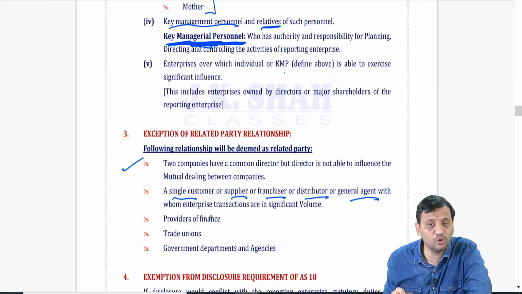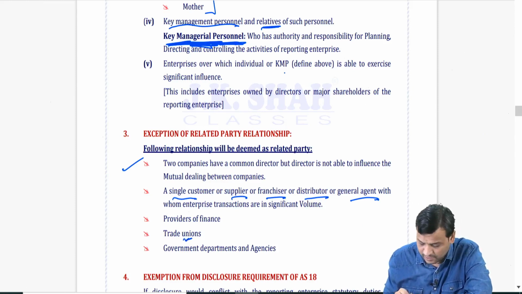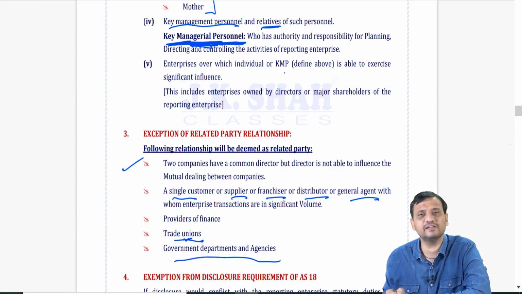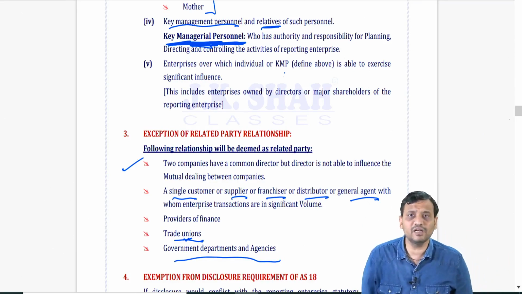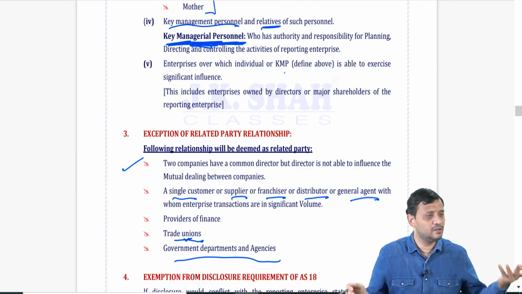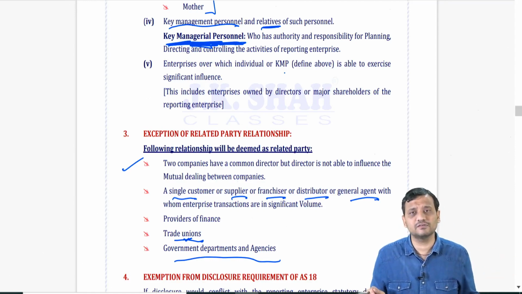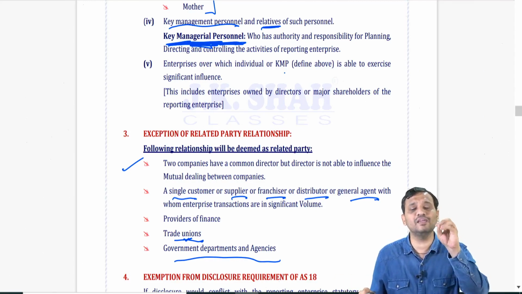Those who have given me loans, trade unions, and any kind of finance providers. Trade unions means my employees, government department and agency. I am getting electricity from government. I am very much dependent. If they don't provide electricity, my machinery can't work. So, I am having dependence on them, then also they are not considered to be my related party.